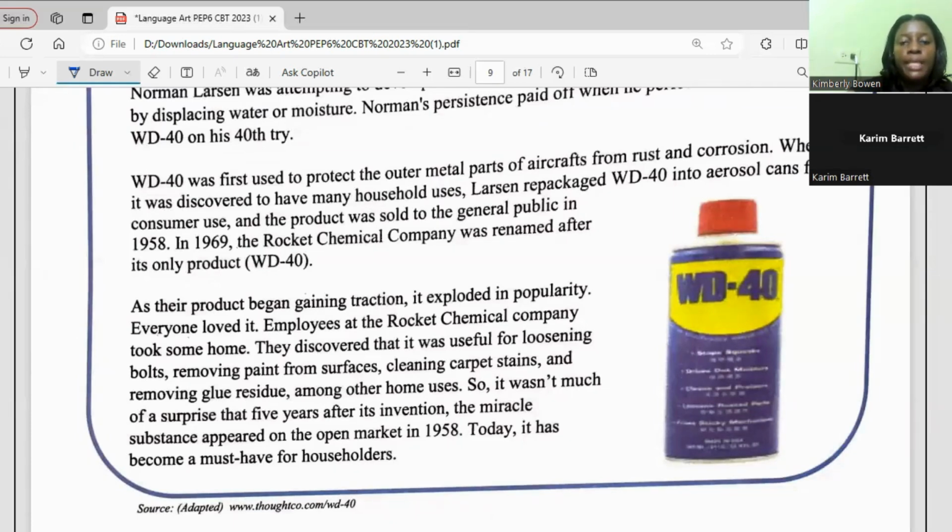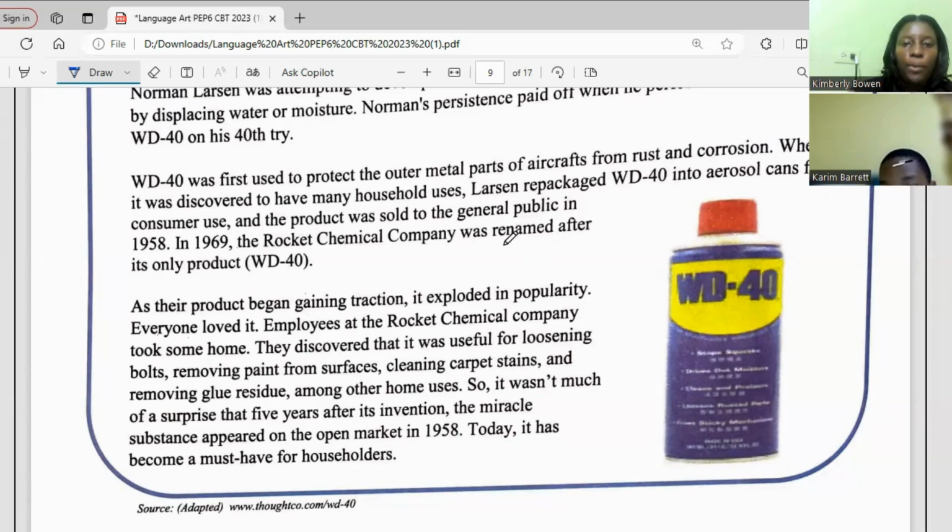And if you see me constantly referring to the passage, that's exactly how you're going to maneuver answering these reading comprehension questions. All the answers are in the passage, so you have to keep referring back to the passage.